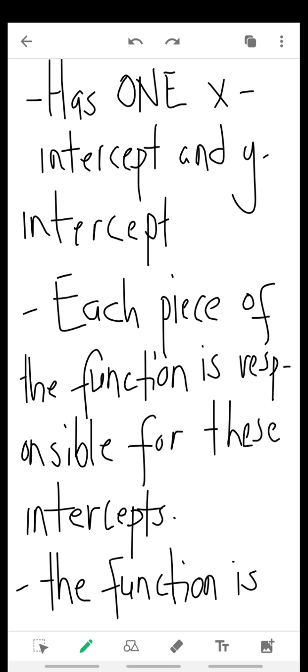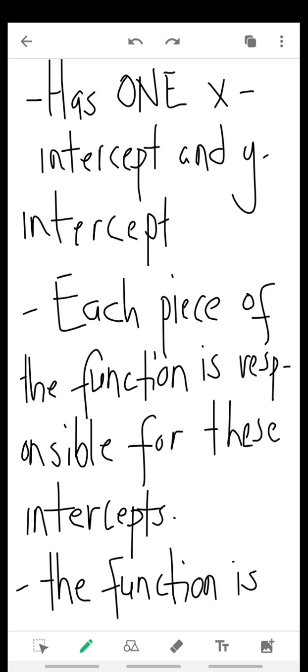It's very important to note that each of the two pieces of the function will be responsible for these intercepts. What we are saying is one piece will cut the x-axis and the other piece will cut the y-axis. Hence we have one x-intercept and one y-intercept.